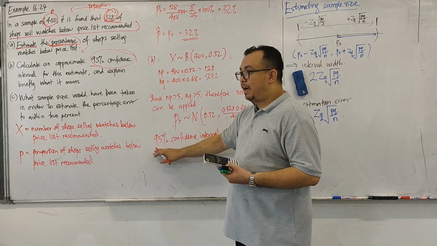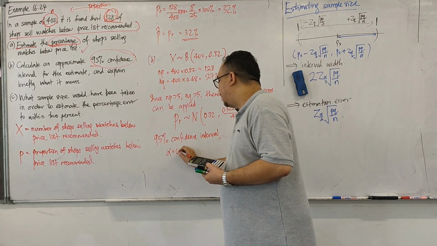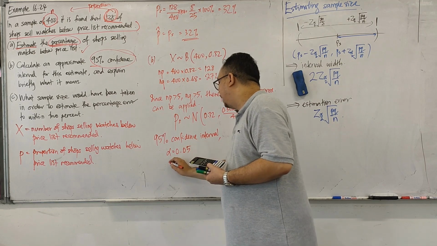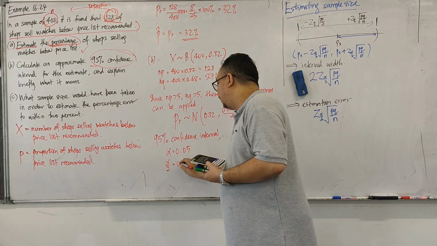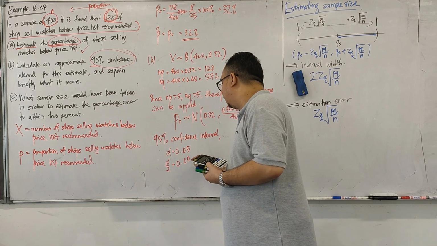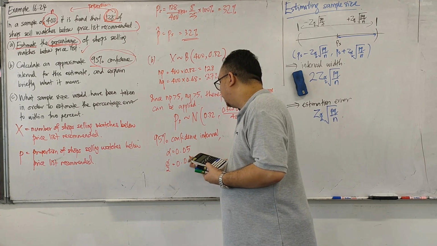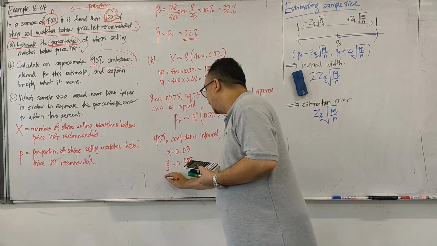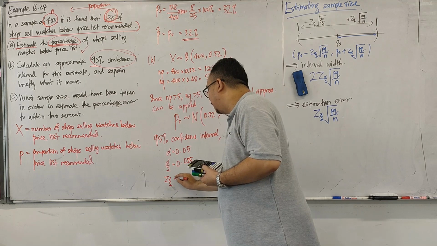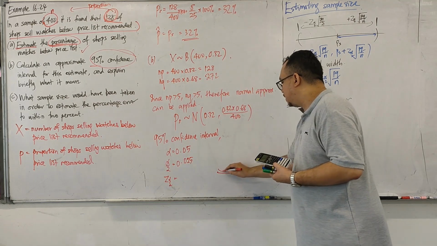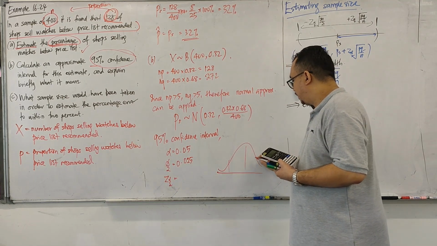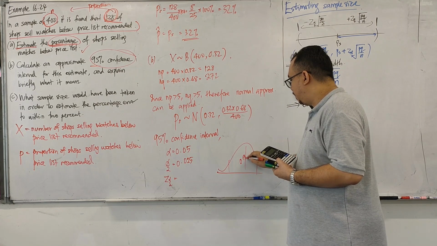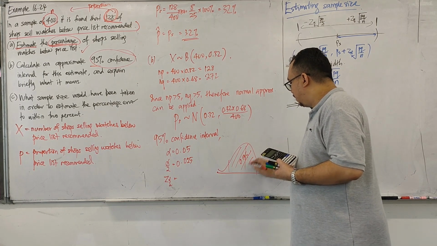So kalau 95%, my alpha is 0.05, my alpha over 2 is 0.025, and my z alpha over 2 is, you have to sketch first. This is your 0.95 and then you go back.